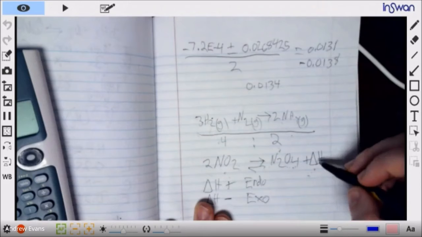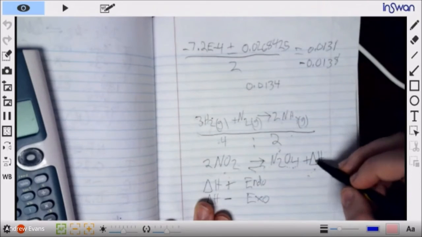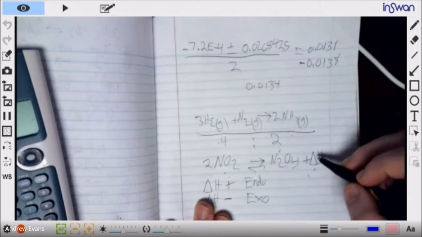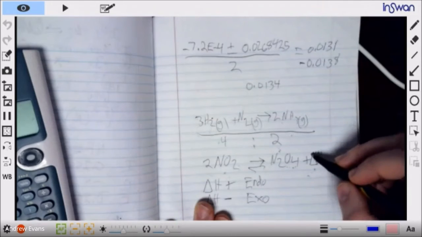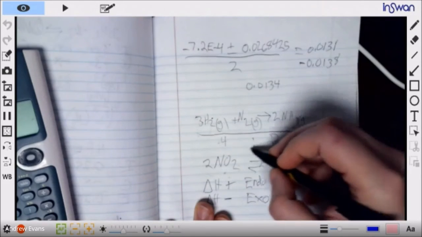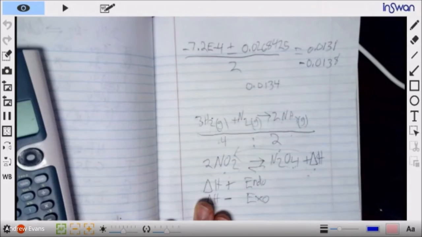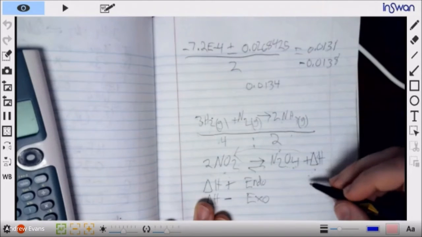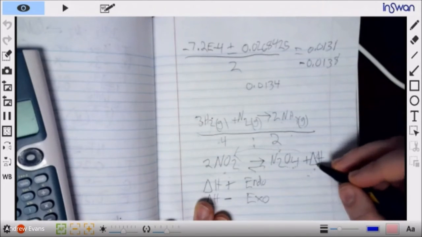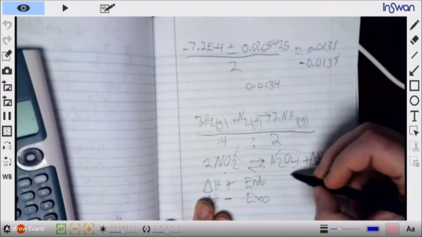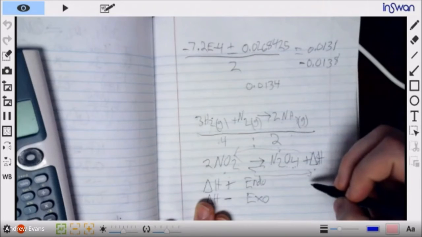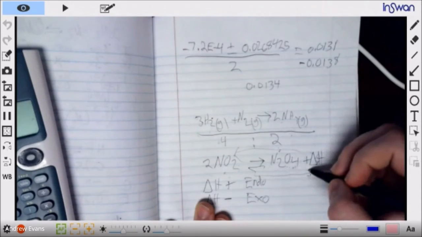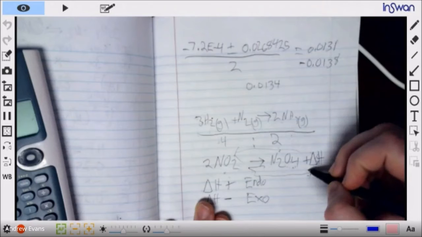And so I'm adding a net product. So what's going to happen if I add a product? Le Chatelier says I shift back towards reactants. If I'm decreasing the temperature, I'm removing a product. If I remove a product, the reaction has to shift to replace that product. So if I remove heat, I would shift it towards the products.